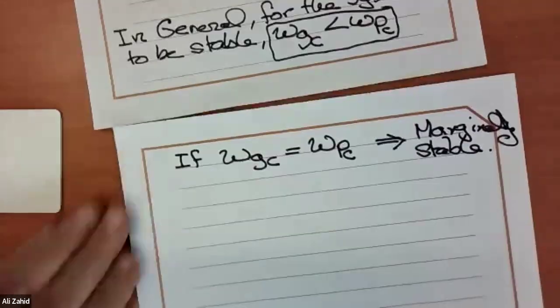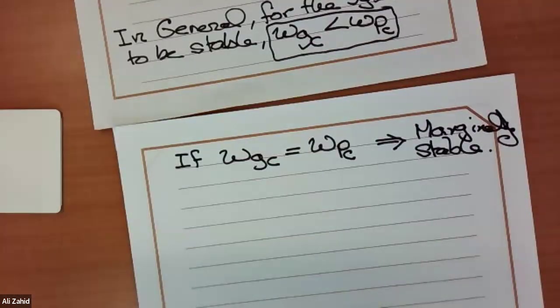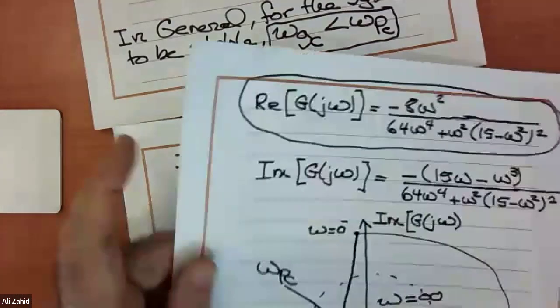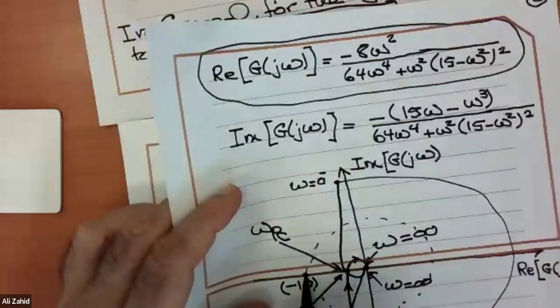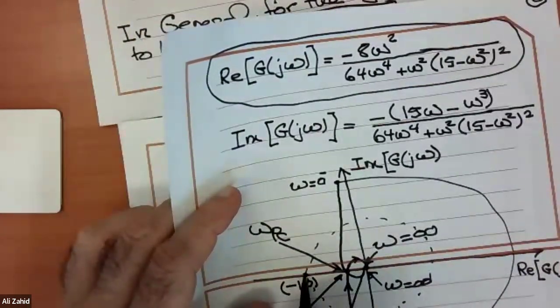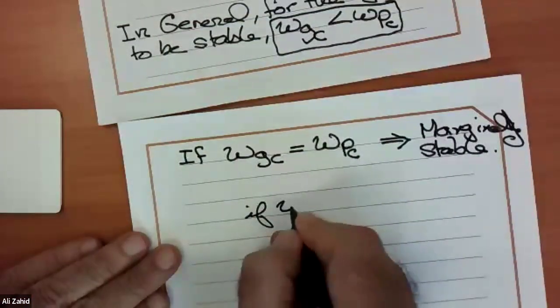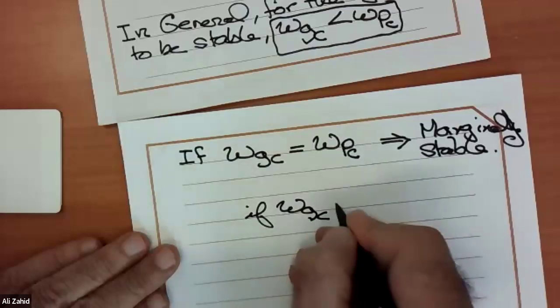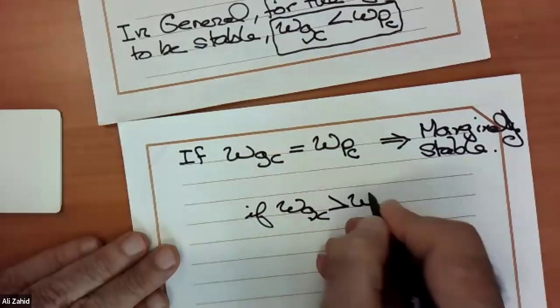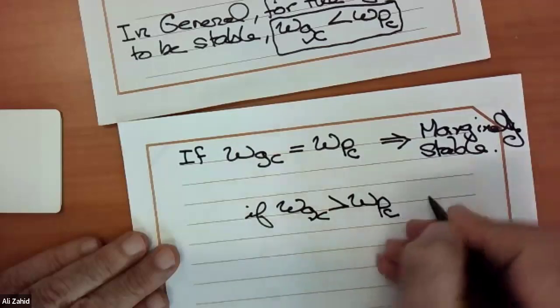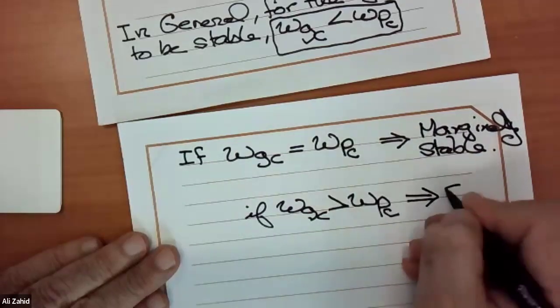Why? You hit that point, and I am hitting this point. But if omega GC is greater than omega PC, the system is what?